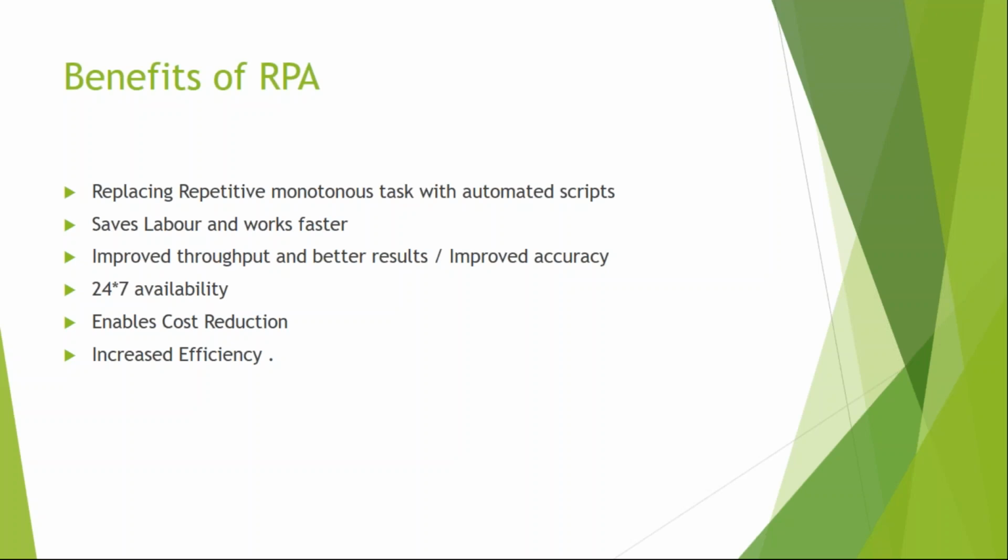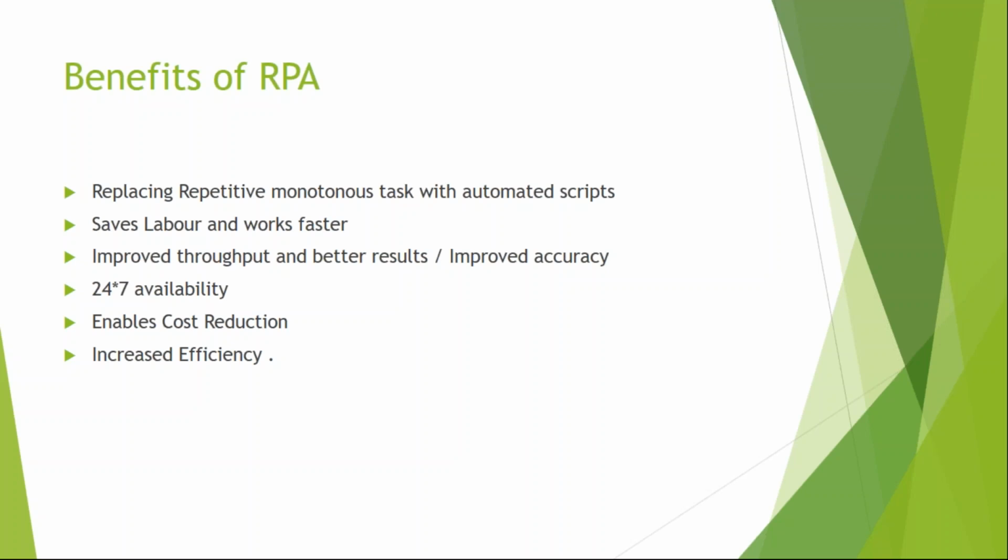When we are doing a daily task, the software can run for you 24 by 7. In the case of humans, it is not possible, but in automation, you can schedule them or run them anytime in the day or night. So 24 by 7, those scripts are ready to perform the task, and the results and outcome are always better.